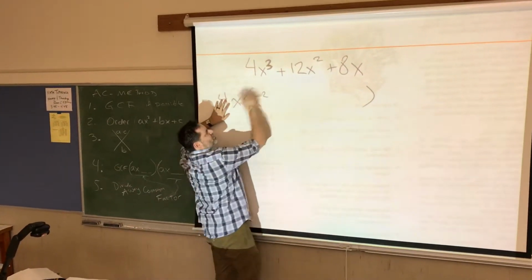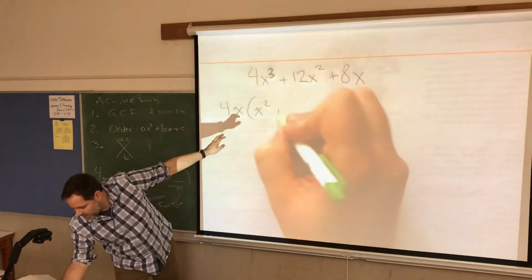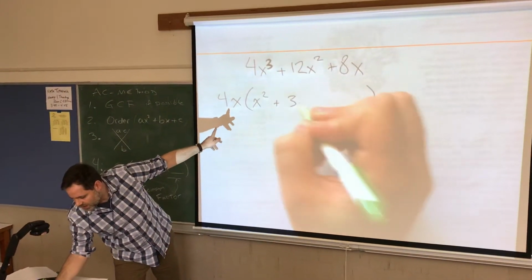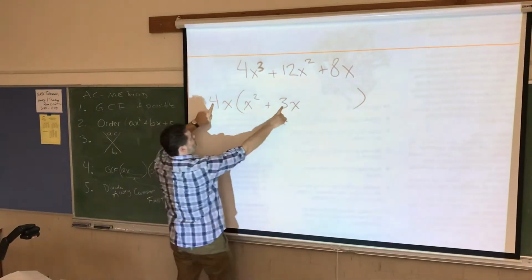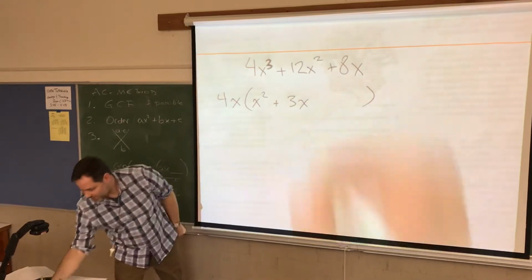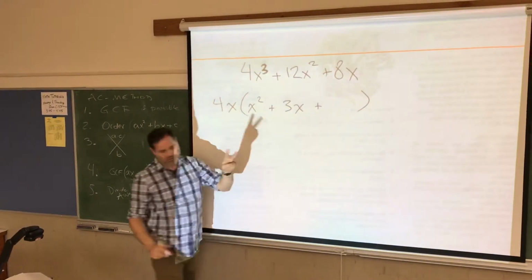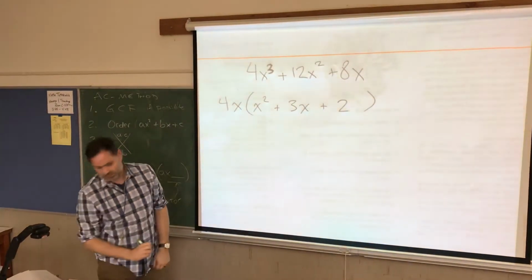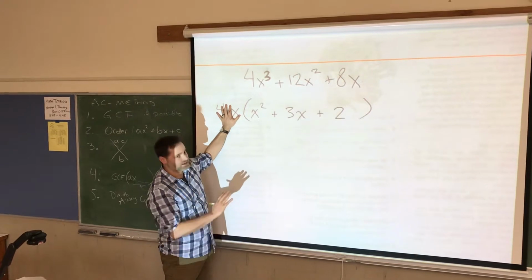Now, if I pull a 4x from 12x squared, I would still have 3 and one of the x's left over. See, 4 times 3 is 12, x times x is x squared. And lastly, from the 8, 2. Okay, this is my GCF, stays out in front.